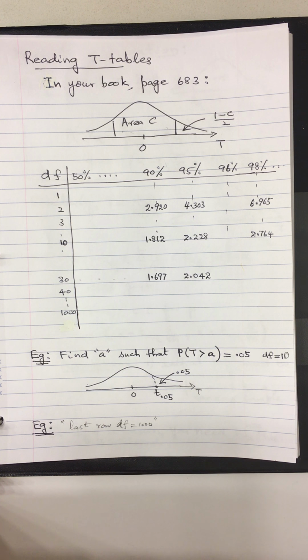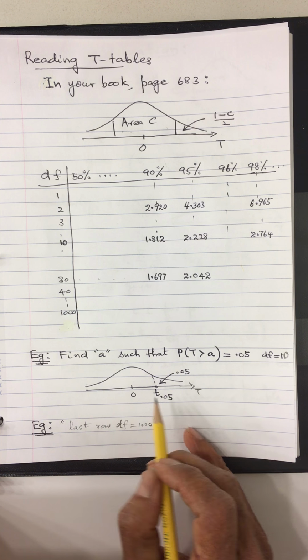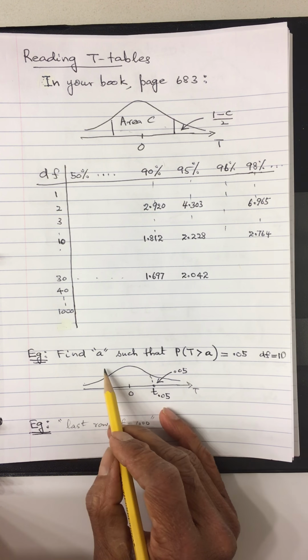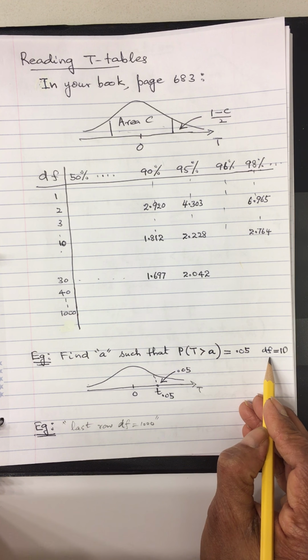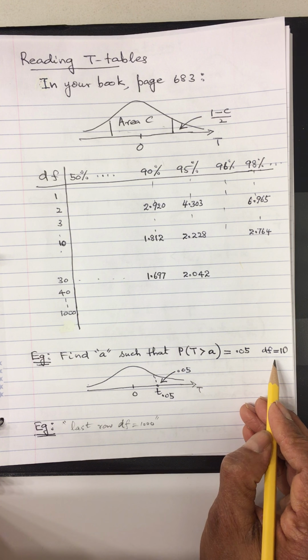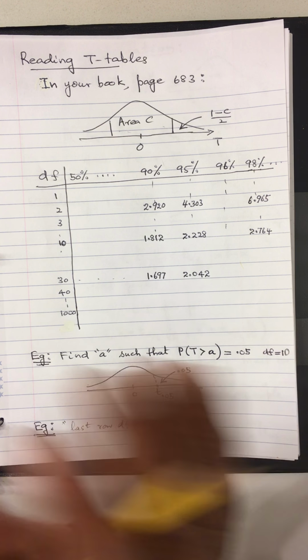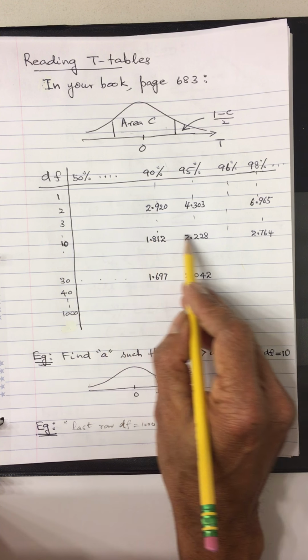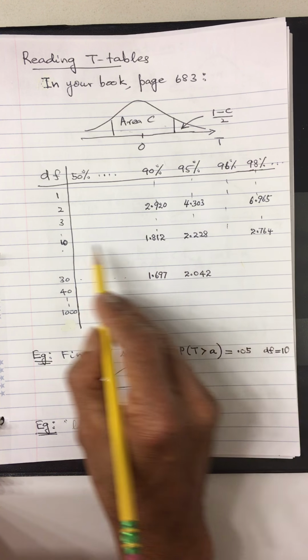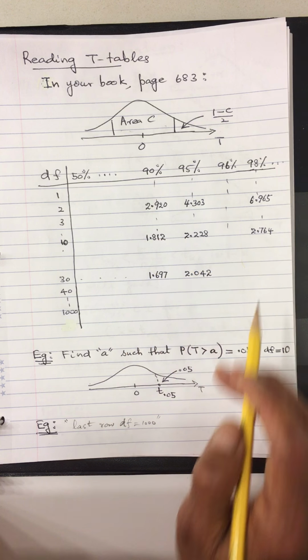In other words, this goes with the sample size 11, by the way, n-1, but I'll come to that. Suppose the degrees of freedom is 10, so you need to stay within this row.